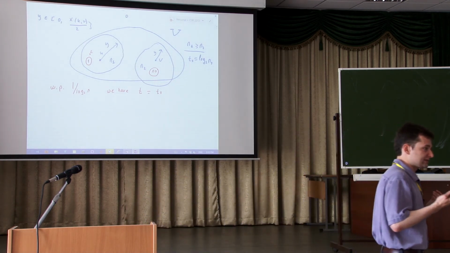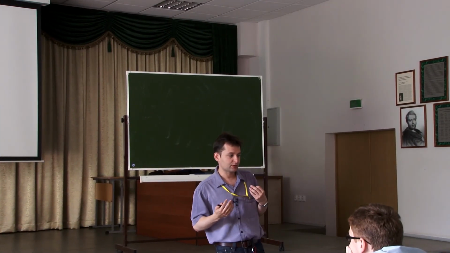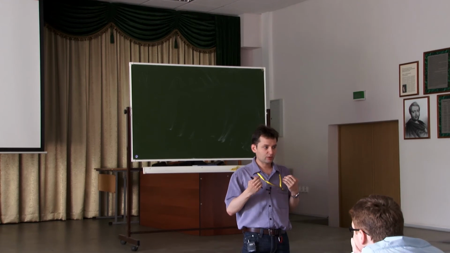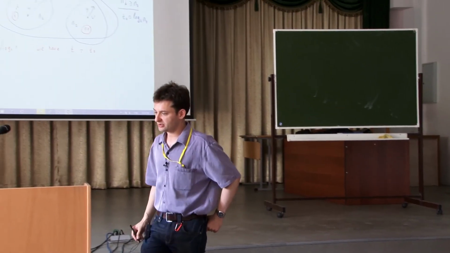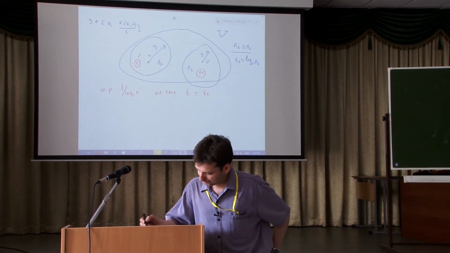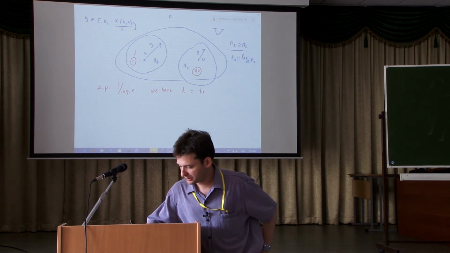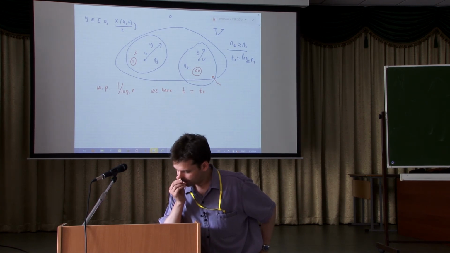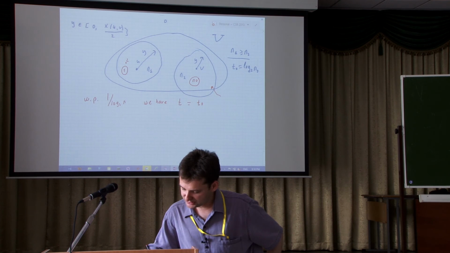Because we pick all vertices independently in the set with probability 1 over 2 to the power of T. And these balls are disjoint. They do not intersect. So the events are independent.